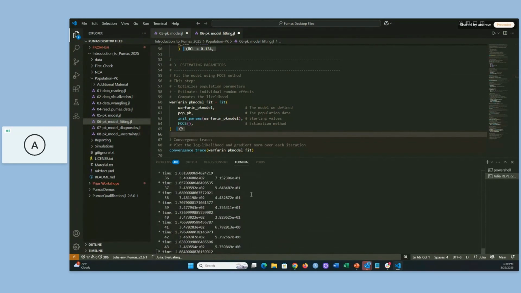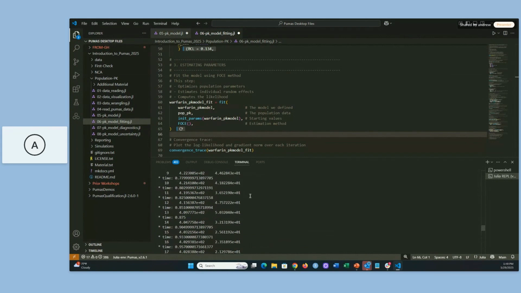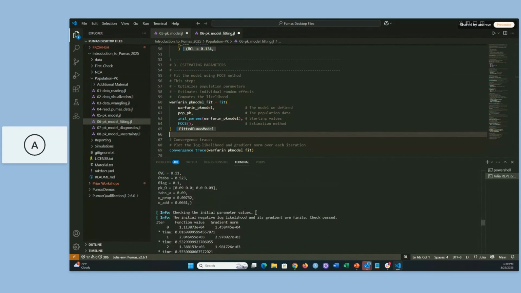But you could see what it was doing, if I interrupt and go up here: it's checking the initial parameter values. It's making sure that those initial estimates you provide, these init params, don't cause infinity errors and nonsensical outcomes.